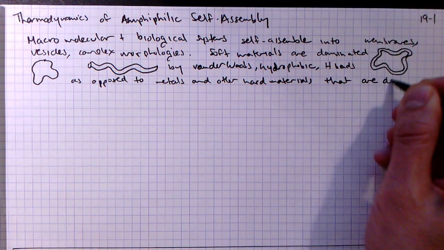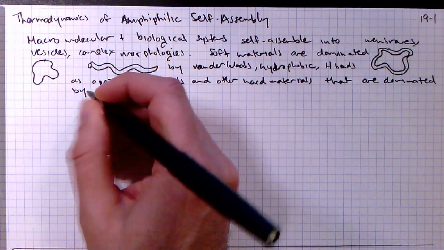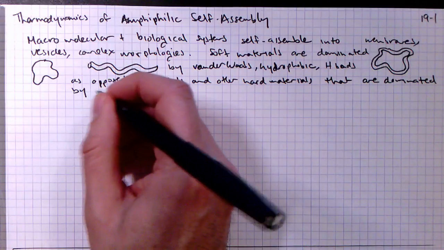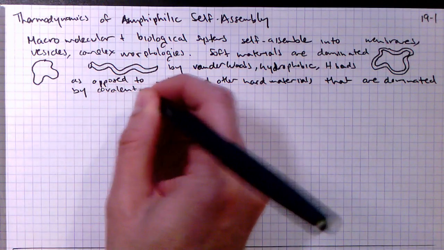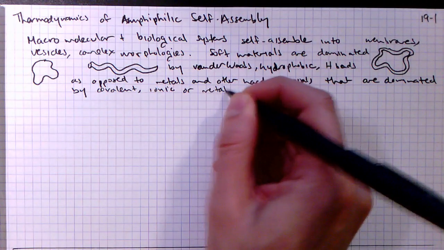that are dominated by things like covalent, ionic, or metallic bonding, right?